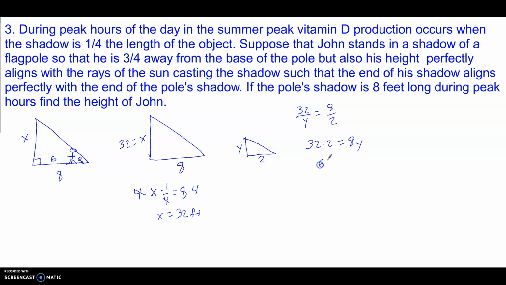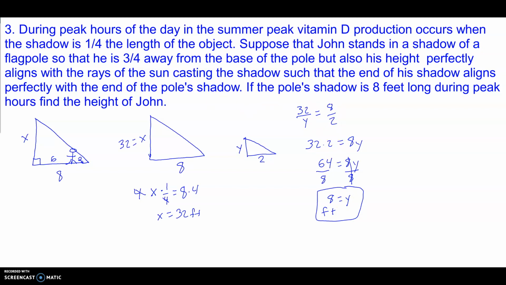And here we have 64 equals 8y. And then divided by 8, we get 8. So, yes, I do realize that John is incredibly tall. So John is incredibly tall at 8 feet tall. But regardless, as long as your math holds up, you should be fine.